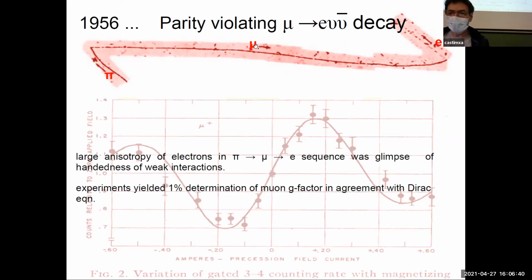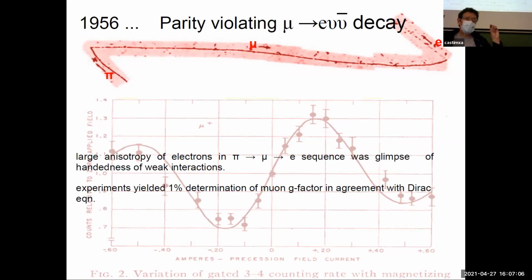The muon has a spin, as we said, it's like an electron, it has a spin. And it has a magnetism. And when it decays over here to an electron, for negative muons, those electrons tend to be ejected opposite the spin. And for positive muons, they tend to be emitted in the direction of the spin. There's this huge anisotropy of the electrons being emitted.